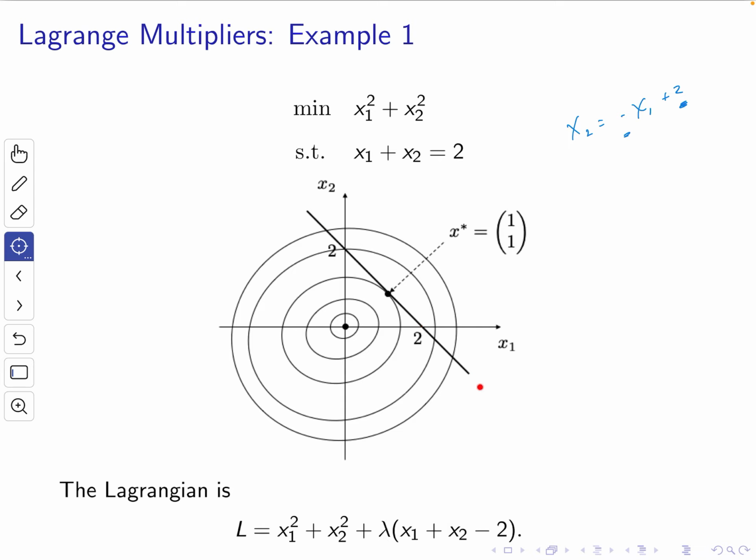So we're constrained on this line. If I'm trying to minimize the norm of x subject to the constraint that it has to lie in this line, well, the optimum is going to be right there, and it's going to be this point, (1, 1).